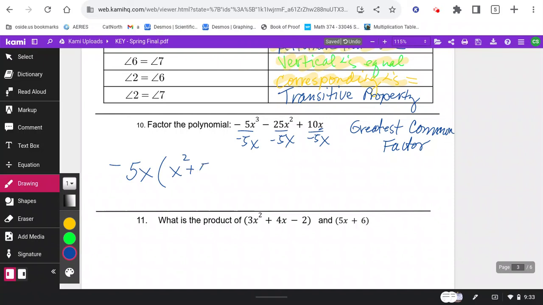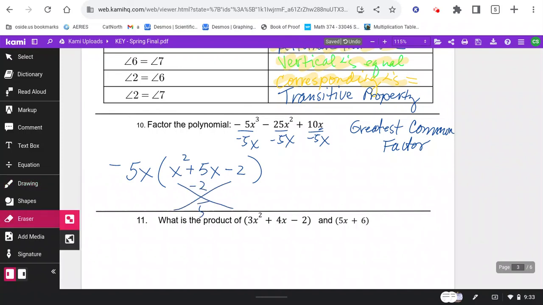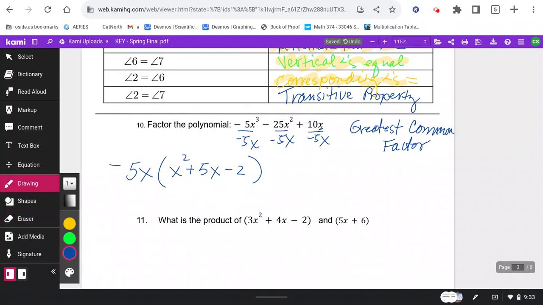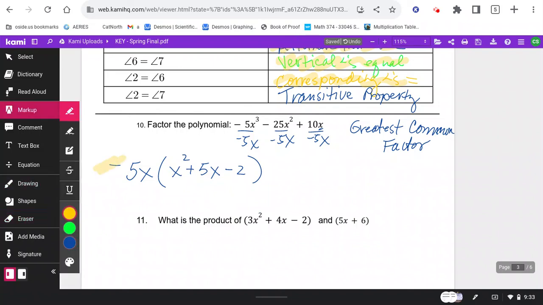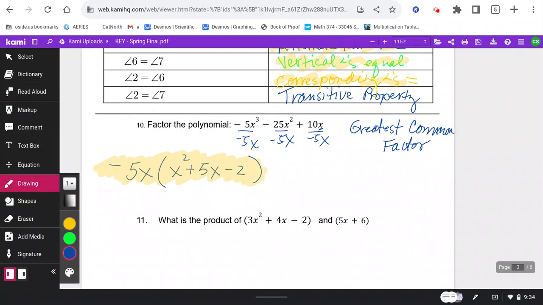In the middle, do you see that negative divided by negative is going to give me positive, and then there's 1x left over. 10 divided by -5 leaves me -2. Now you do want to always check the back to see if there's anything that multiplies to give you this or adds up to 5, and there isn't. So this is now fully factored just from greatest common factor. This is called GCF factoring.